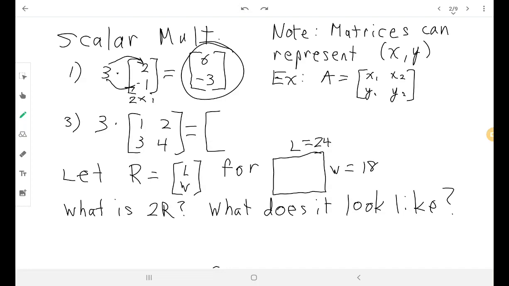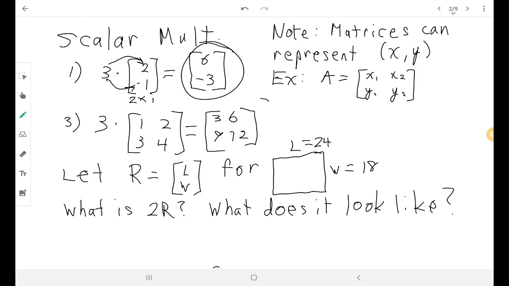So this 2 by 2 matrix, everything gets multiplied by that 3 right there. And we get 3 times 1 is 3, 3 times 2 is 6, 3 times 3 is 9, 3 times 4 is 12, and we have a new matrix, 3, 6, 9, 12.